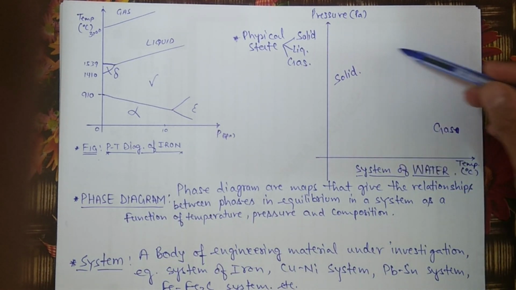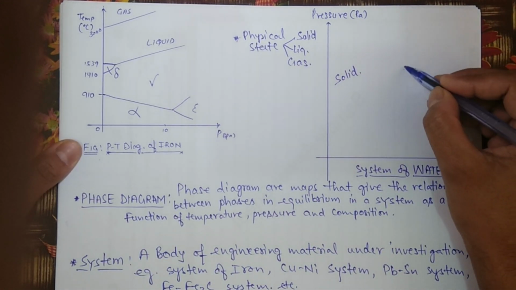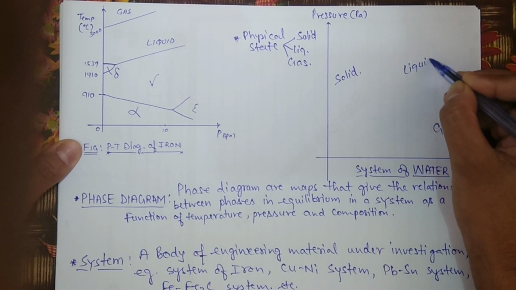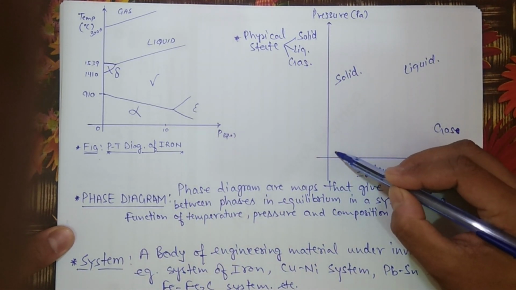See this space, moderate temperature and moderate pressure, that is in between these two extreme conditions, we will find the liquid state of water. Right, now I'm going to separate these regions with the help of boundaries. So that boundary usually comes like this.